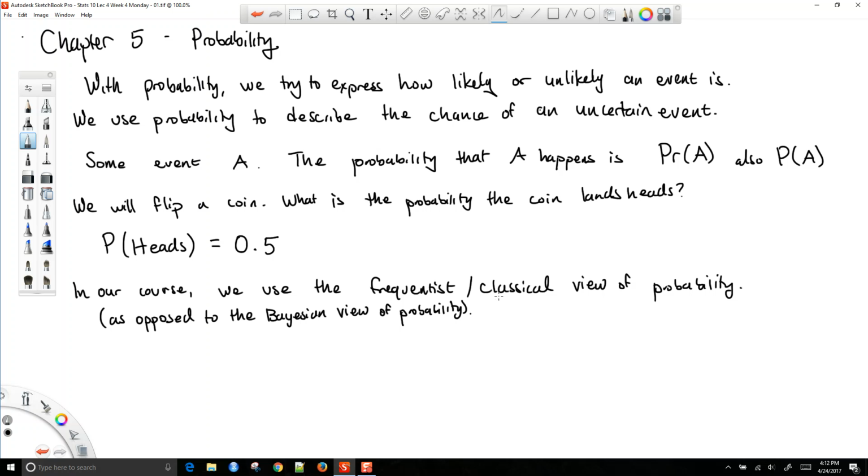We're not gonna cover the Bayesian view in this course. We're sticking to the frequentist or classical view of probability.